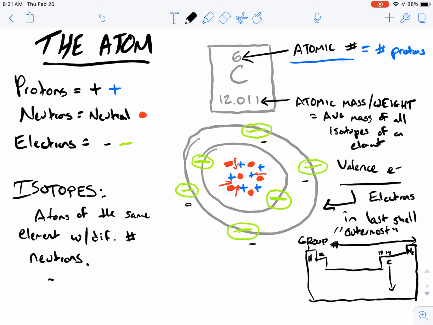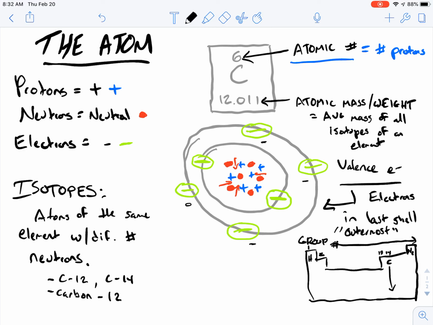For example, carbon has different isotopes, and the most common ones anyway are carbon-12 and carbon-14, which you can write out just like that, or you could write out carbon-12 or longhand carbon-14. So they have the same chemical formula but a different structure.